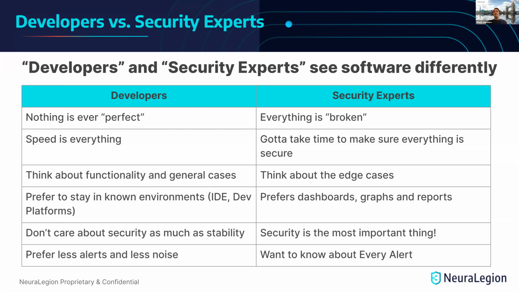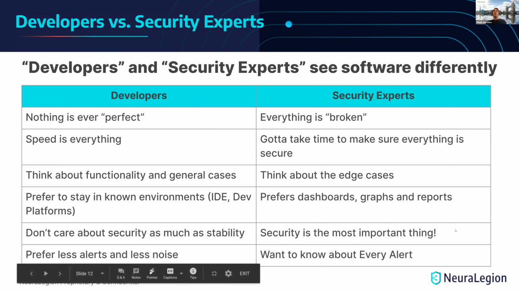So this is something that has historically been done, but NeuraLegion looks to bridge that gap to make security testing a seamless part of the developer's workflow, but more importantly, to remove all the false alerts that typically lead to the security testing tools being disabled, or the output being ignored.